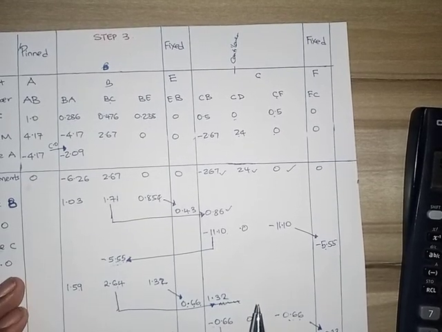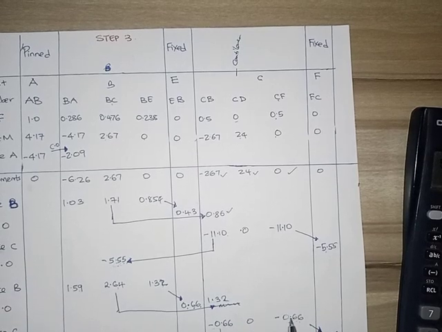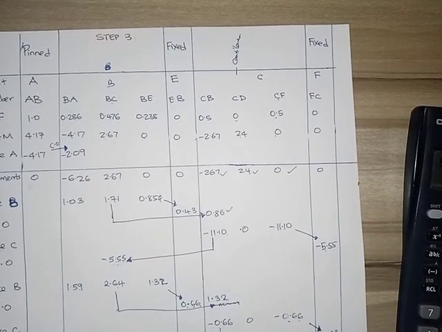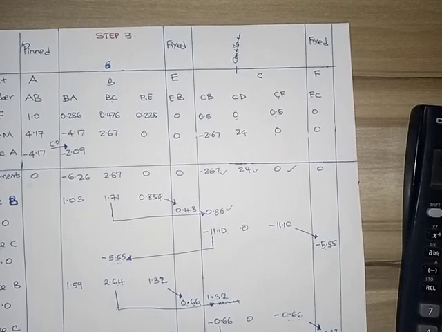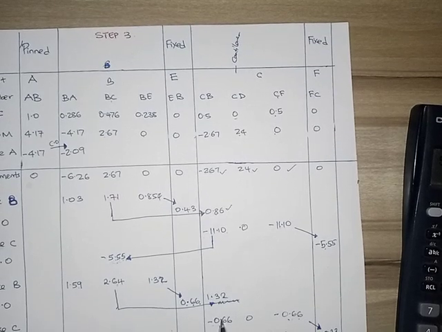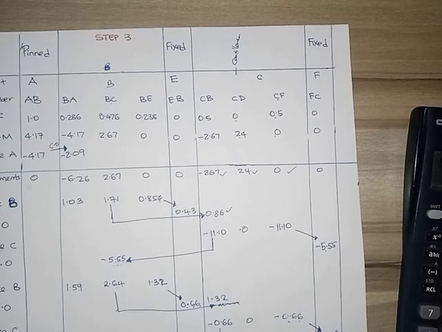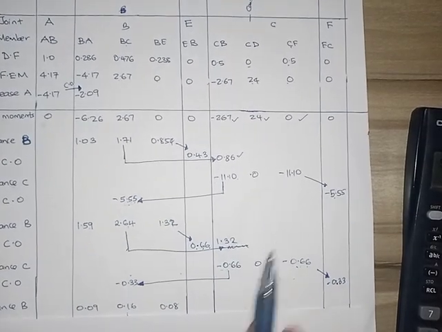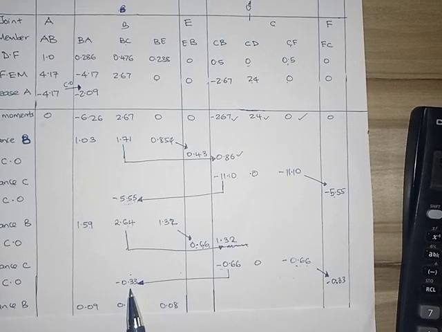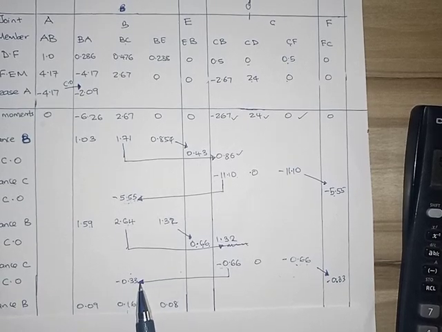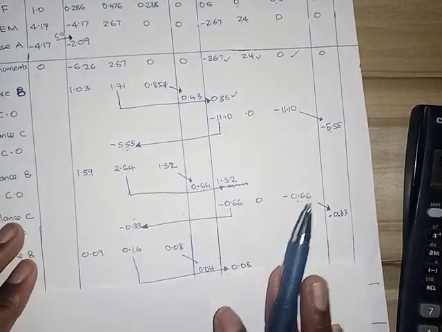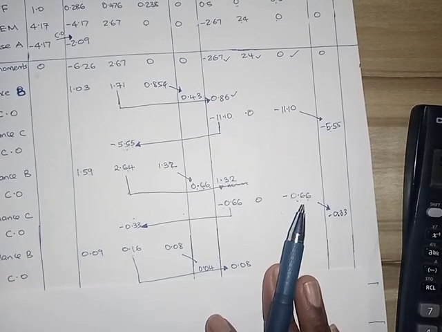Again, you do now the carryover. So half of CF comes to FC as negative 0.33. Again, half of CB goes to BC as negative 0.33.